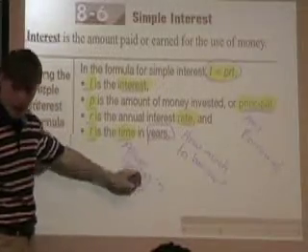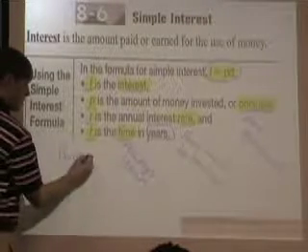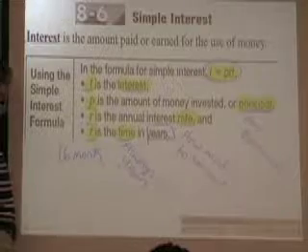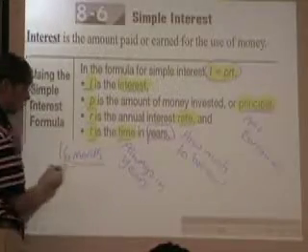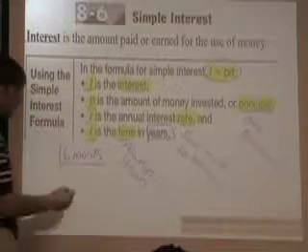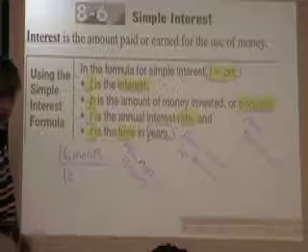Okay? Now, if they give you months, let's say they give you 16 months, what can you divide that by to make it years? 12, because how many months in a year? 12. So anytime they give you months, divide it by 12 and that'll give you years.